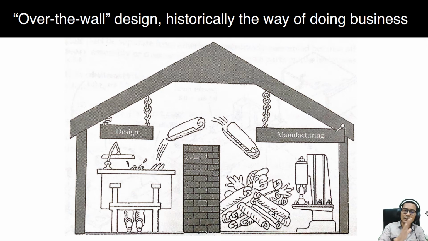Sometimes there are also conflicts between the mechanical designers and the industrial designers. Industrial designers want the shape of the product as what they imagine, as the initial idea that they have.